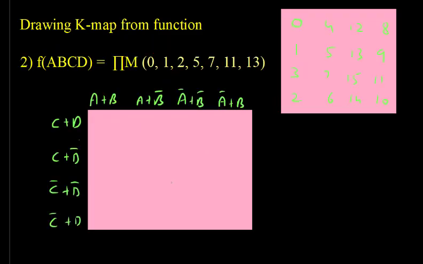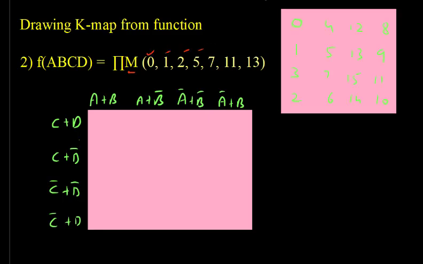Now let us see the case for POS. So f of ABCD is sigma capital M 0, 1, 2, 5, 7, 11, 13. This capital M shows that this is a POS. Cell numbers remain the same, and all these cell numbers should be 0.